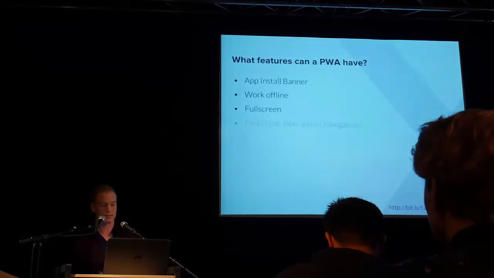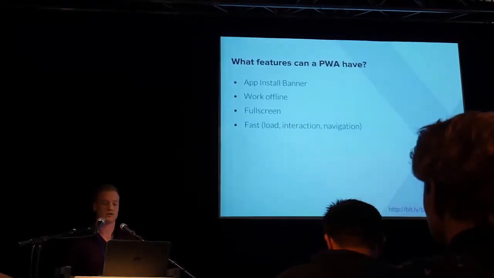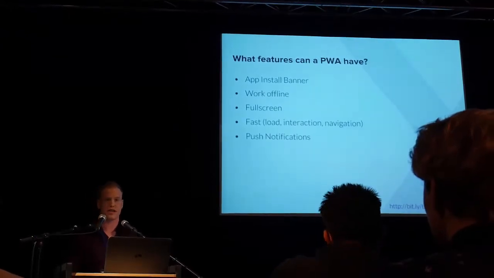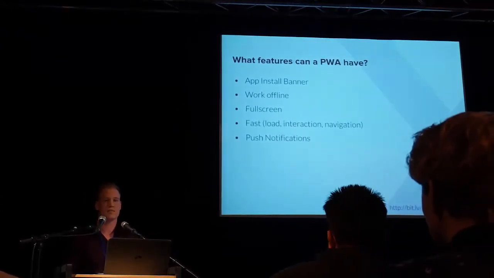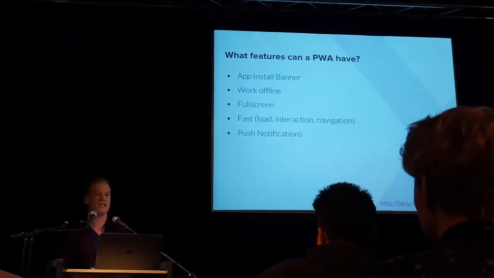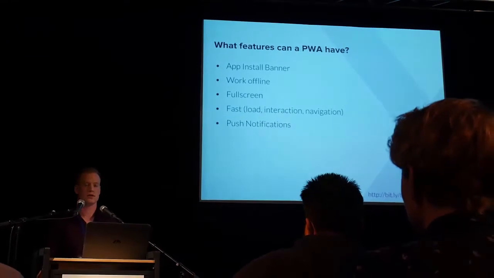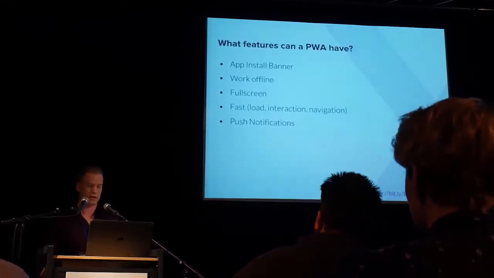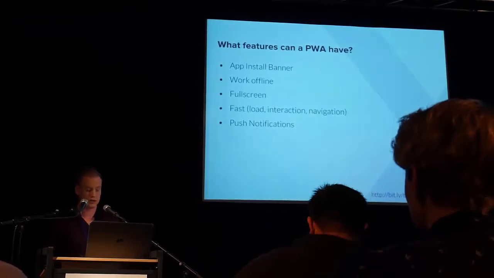Full screen should have a fast load, interaction and navigation experience. It can have push notifications, it's really up to you to implement this. This is also now available, and push notifications means that it can push a notification even when you have the website closed, which is really nice for re-engagement, which is very important if you're an e-commerce website.